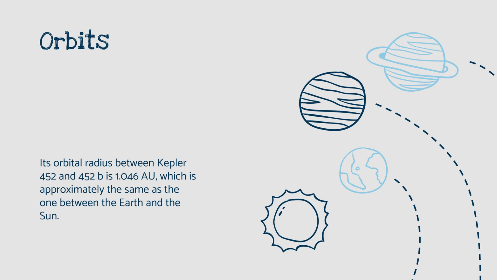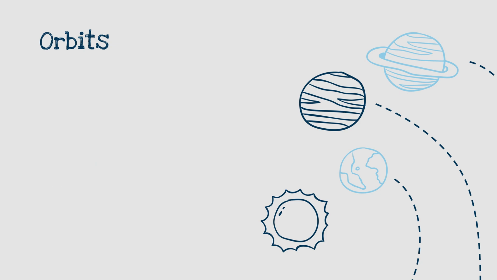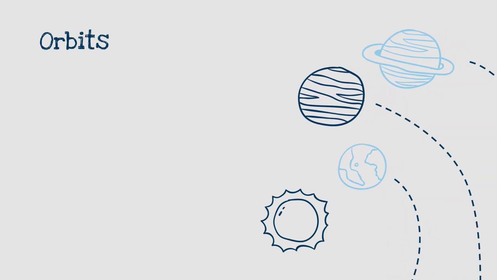And the orbital radius between Kepler 452 and 452b is 1.46 AU, which is what I said earlier. That's basically the same as the one between Earth and the Sun. And that's just how orbiting works.